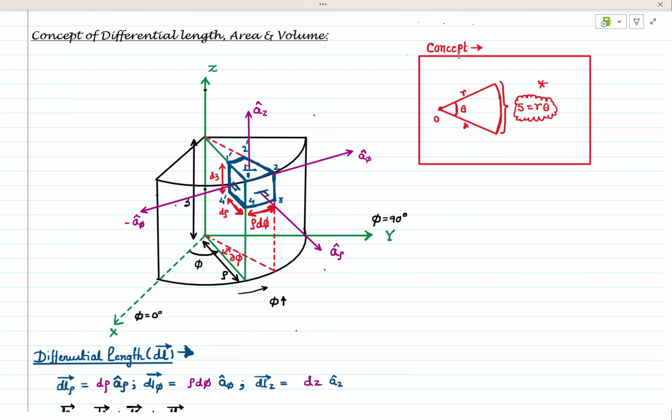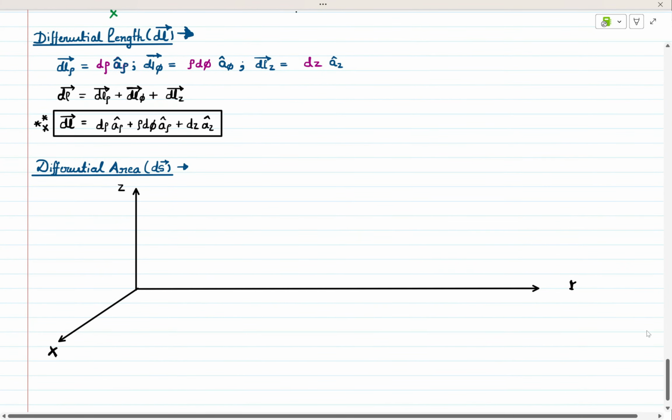So these are the three areas, and I am going to draw these three areas over here again. What is the first area?